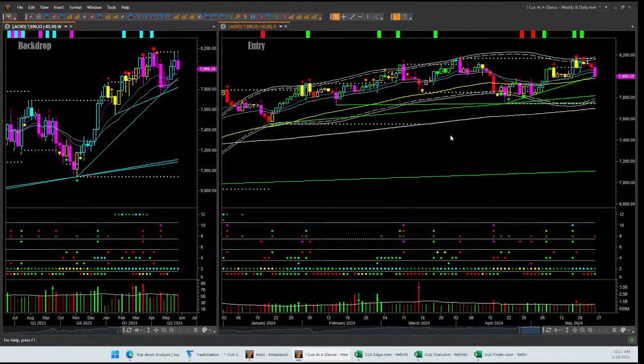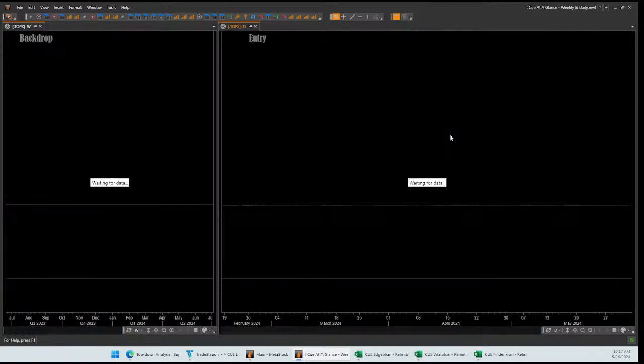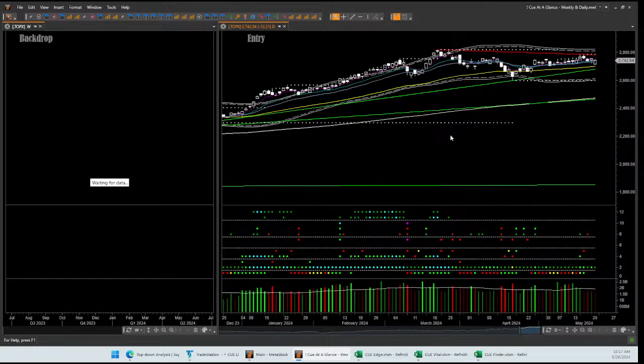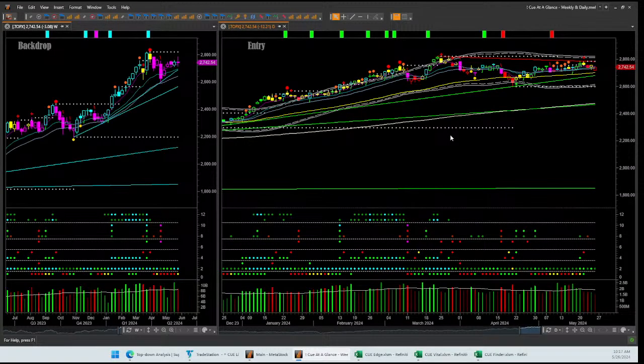Let's look at Japan's Topix index, and though I am doing this analysis on global markets, the same analysis is applicable to any market. Japan's Topix index is also inside a range. Now it is inside a triangle pattern, not inside a box.